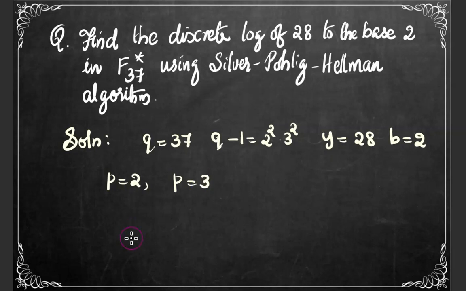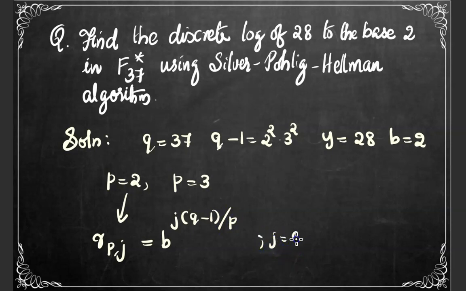For each prime p, we will have to compute the pth roots of unity r_pj, which is defined as b raised to j into q minus 1 by p, for j varying from 0 to p minus 1. When our table of these r_pj is ready for each prime p, then we will be ready to compute the discrete log of any y to the base b.